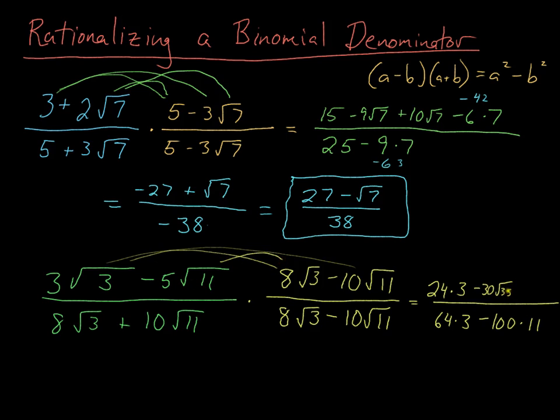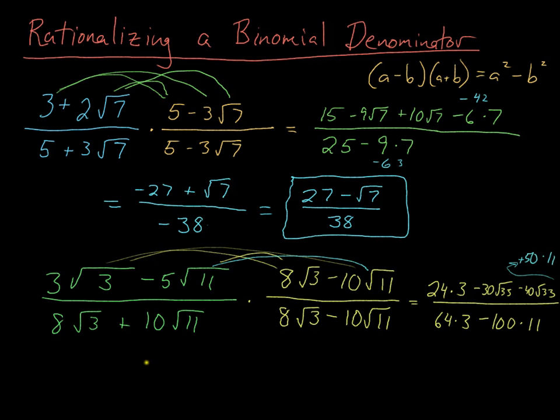Minus 5 root 11 times 8 root 3 is minus 40 root 33. And I need space for one more thing. Minus 5 root 11 times minus 10 root 11. This is plus 50 for the 5 times 10. And then root 11 times root 11 is times 11.